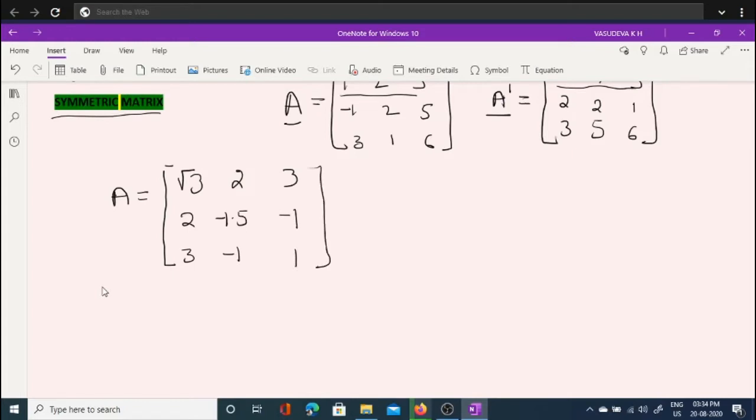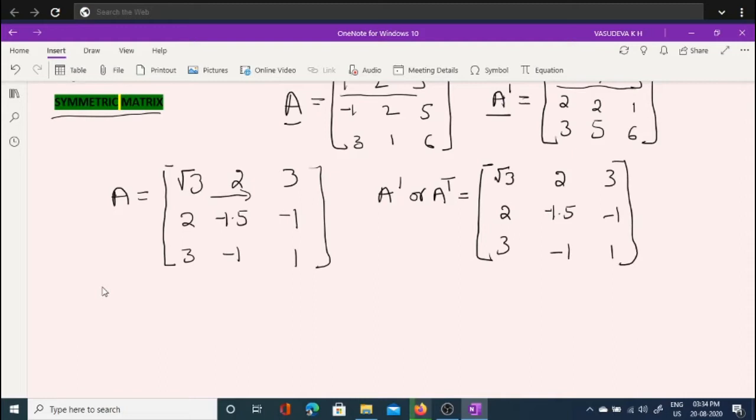So I will take the transpose of this matrix, A dash or A transpose. If you take this transpose, interchanging the rows into columns, root 3, 2, 3 can be written as column root 3, 2, 3, and 2, minus 1.5, minus 1, 3, minus 1, 1.